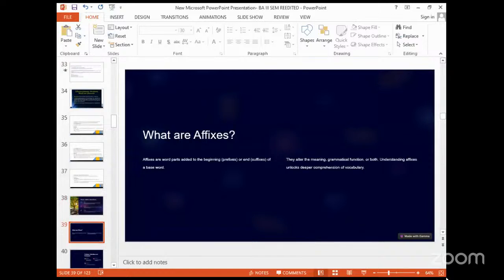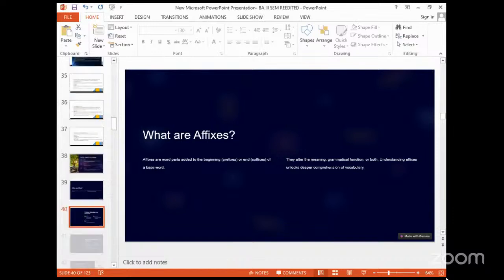So let us quickly look into what affixes are. Affixes are word parts added to the beginning, called prefixes, or to the end, called suffixes, of a base word. They alter the meaning, grammatical function, or both. Understanding affixes gives us a deeper comprehension of vocabulary.